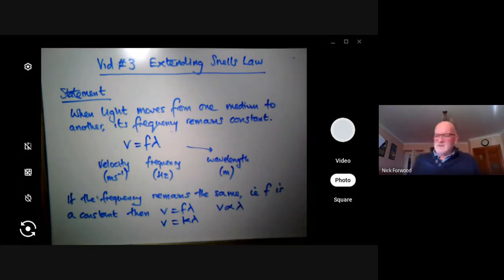So what that means is if the velocity increases, then the wavelength increases as well.